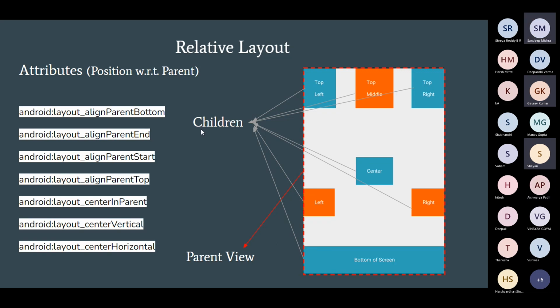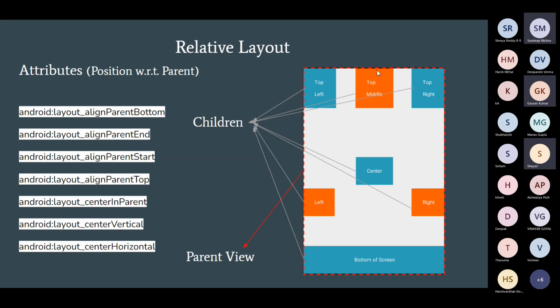So we can see that there are some attributes related to position with respect to the parent. Like you can see this top left box is placed on the top side of the mobile phone and on the left corner. So we can use some attributes, and based on the true and false value, we can set these views inside our containers.